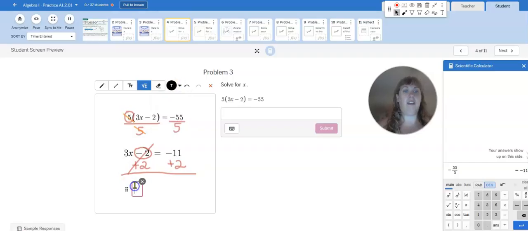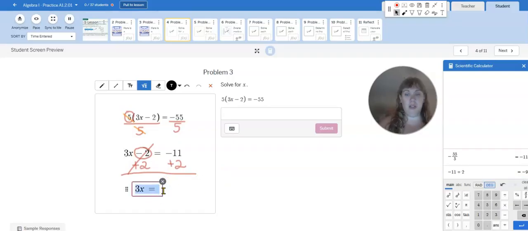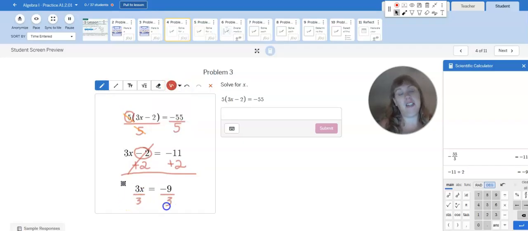And so we're just left with 3x equals, you can use your calculator, click that button right up here and it'll pop open. Negative 11 plus 2 is negative 9. Last step, divide both sides by 3. Since that was being multiplied, the opposite of multiplication is division.